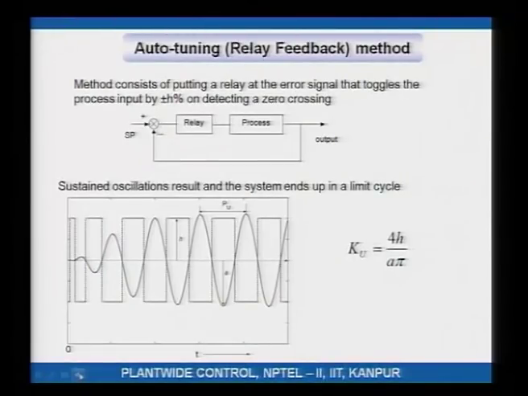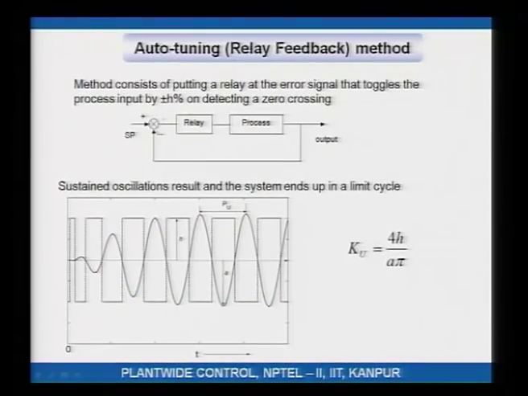There is also what is called the auto tuning or relay feedback method. What is done here is, your feedback loop is on, instead of the controller what you do is put in a relay. What does the relay do?